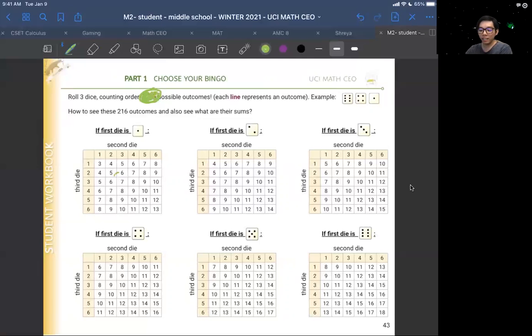Like 36 plus 36, 36, 36, and 36, 36. That's the most basic strategy I can think about. So we can ask them about this kind of method. Alright, and that should be it.